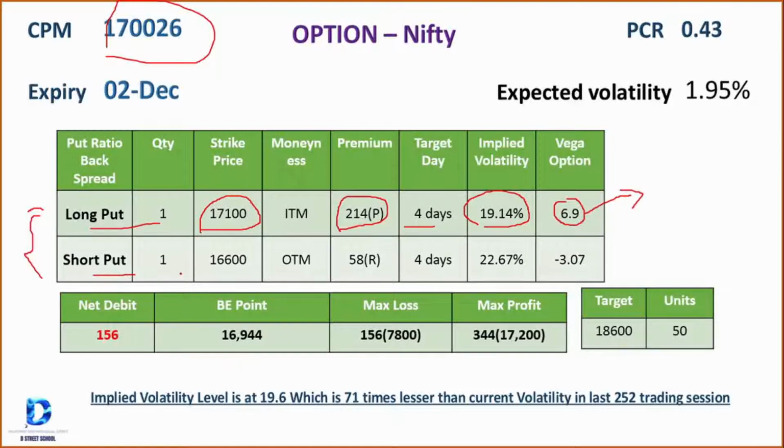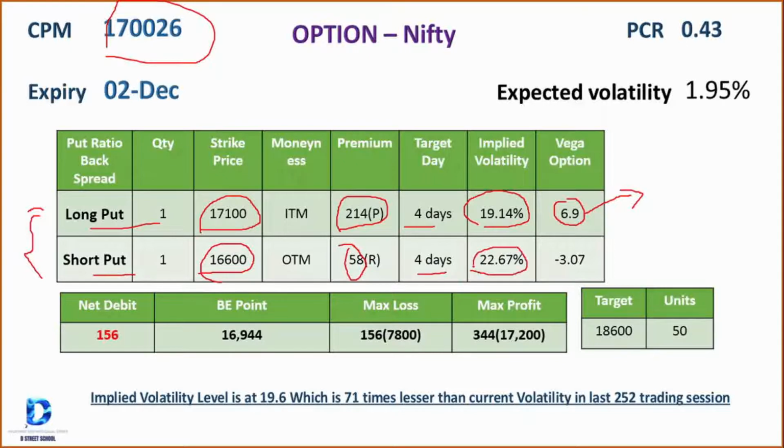For the short put, we have opted for the OTM 16,600 and we will receive a premium of 58 rupees. Again, the 4 days target. The implied volatility of this strike price is 22.67%.